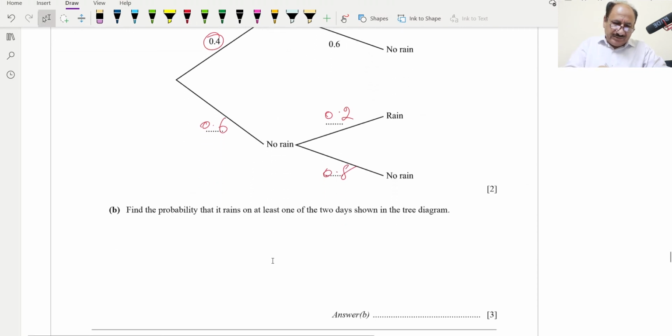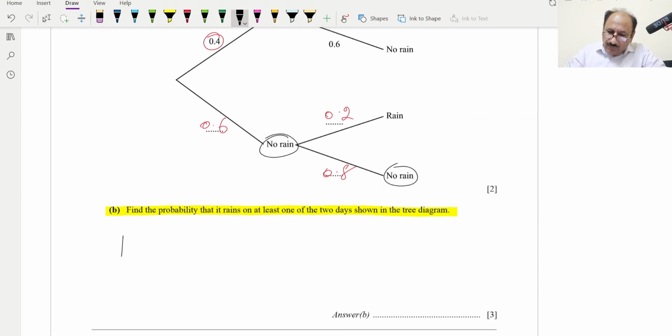And for the B part, find the probability that it rains on at least one of the 2 days shown in the diagram. So at least one rain means what? We will exclude no rain, no rain. No rain, no rain will be 0.6 multiplied by 0.8. We will exclude this one from 1, and we will get at least one rain.